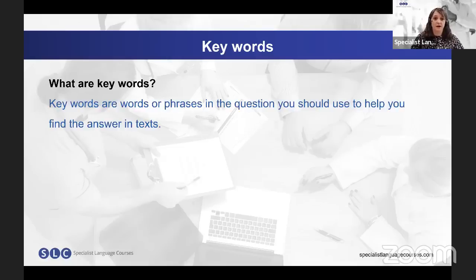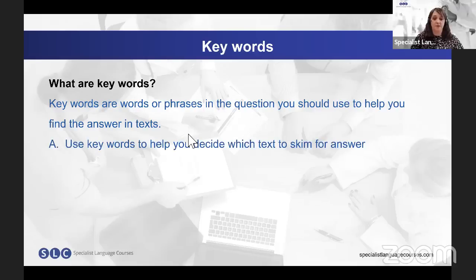So keywords are words or phrases in the question that you should use to help you find the answer in the texts. You can do this in two ways. You can use the keywords to help you decide which text to skim for an answer. So you've got 4 texts, and to use your time effectively, you don't want to be skimming all 4 texts.